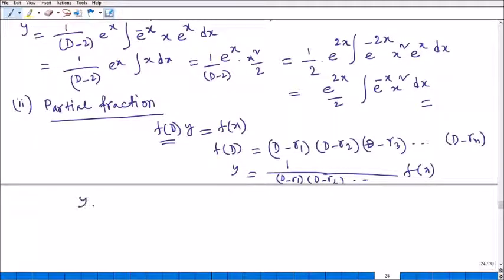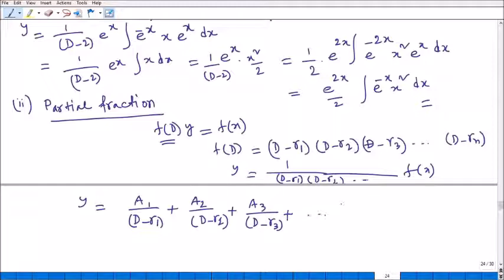That is, y can be written as a1 by d minus r1, plus a2 by d minus r2, plus a3 by d minus r3, plus up to the nth term.